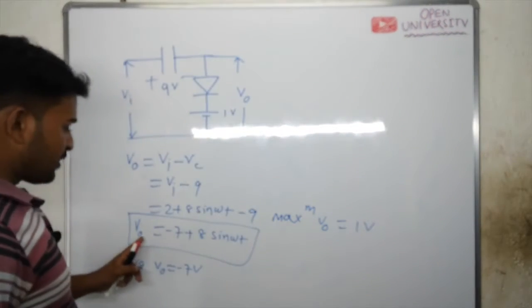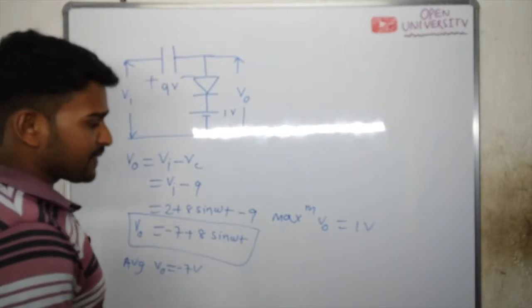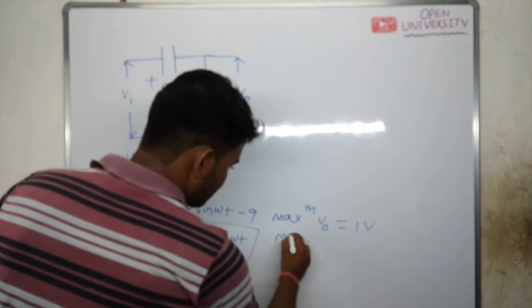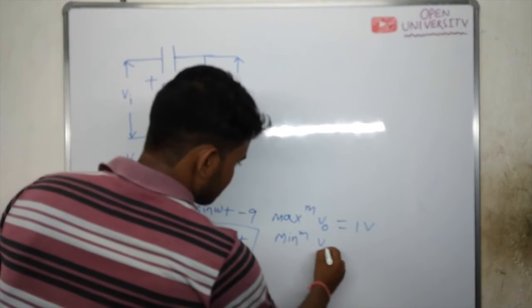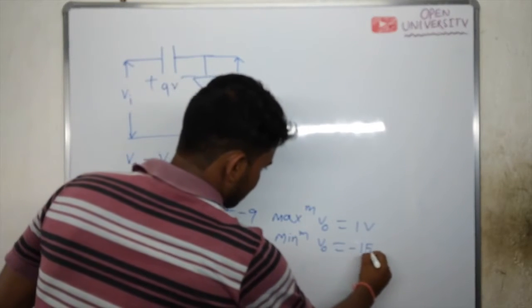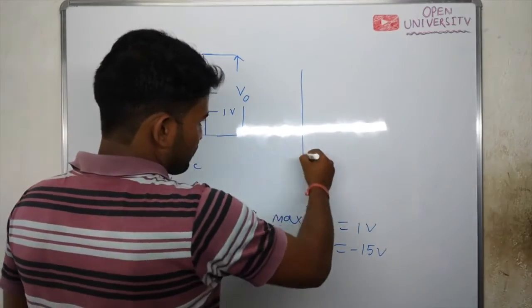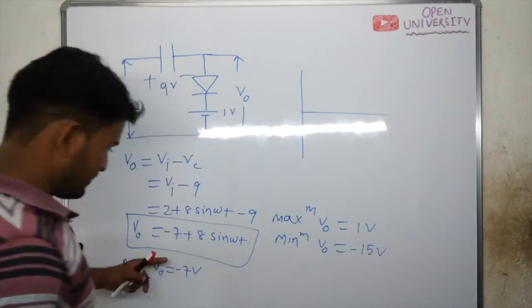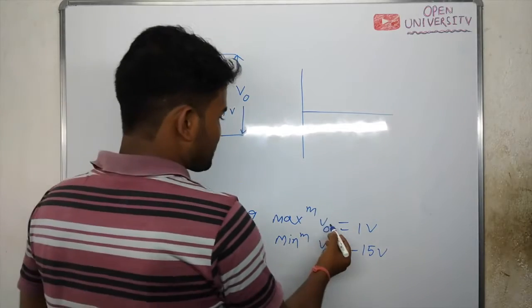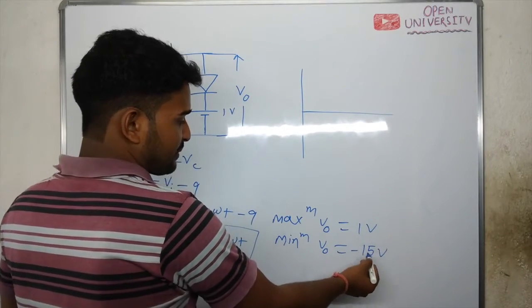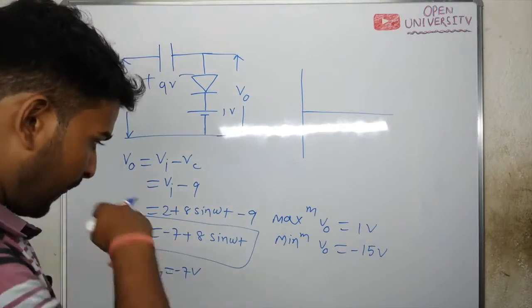And what is the minimum output voltage? Minus 7 minus 8, that is minus 15 volt. So you need to plot a sinusoidal signal like this. It is a sinusoidal signal whose maximum value is 1 volt and minimum value is minus 15 volt.